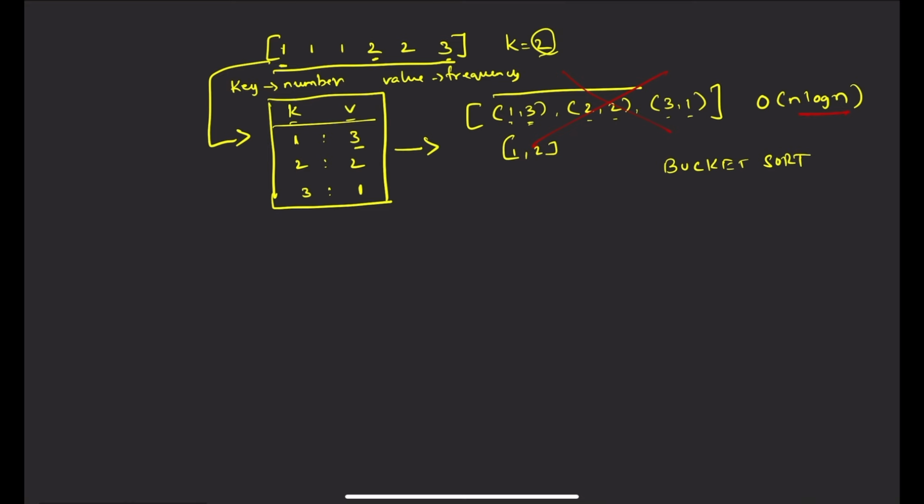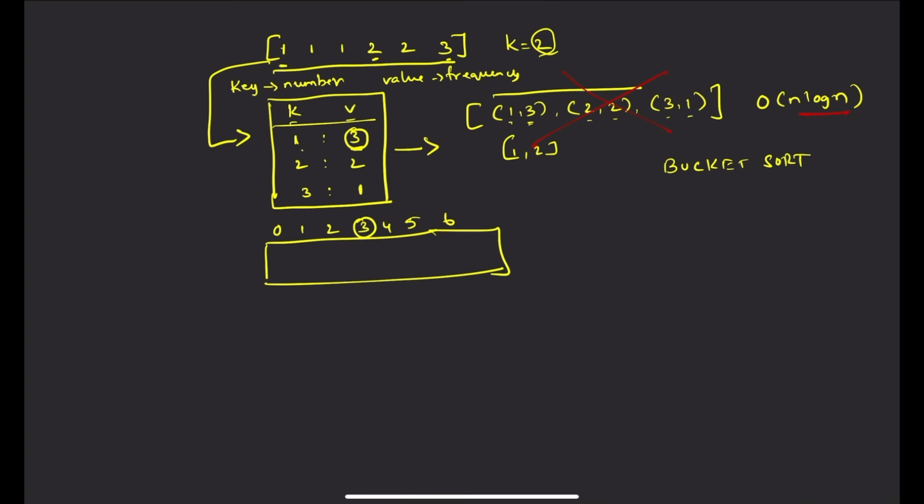What does this mean? All numbers that appear 3 times, let's say this is our list, okay, and we have our indices. Now what did I mean when I say I want to use an array where the index represents frequency? That is, all numbers that appear 3 times come under this index.